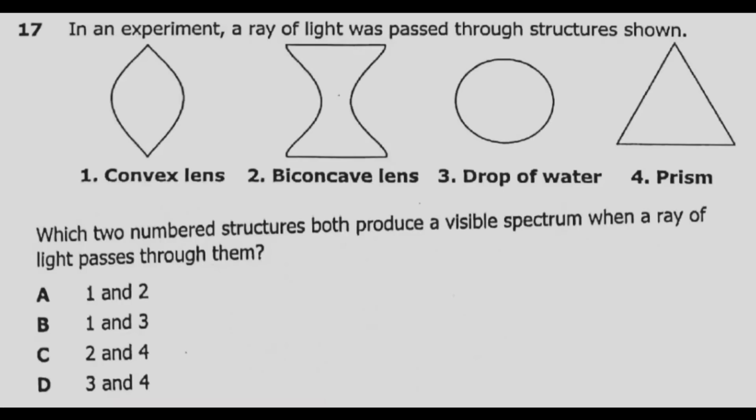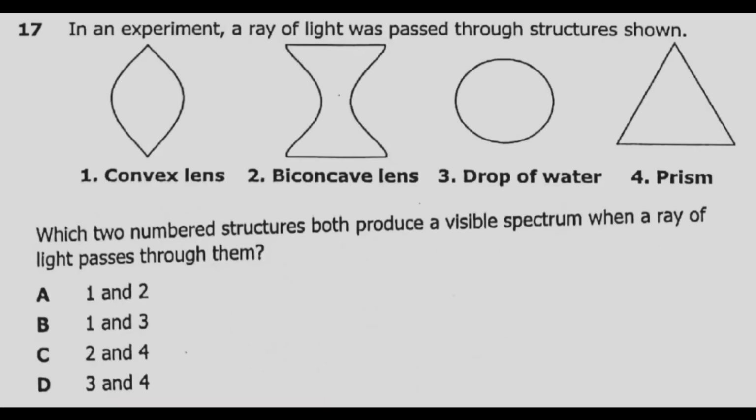Okay, so those are the structures. So we go to the actual question, which is, which two numbered structures both produce a visible spectrum when a ray of light passes through them?